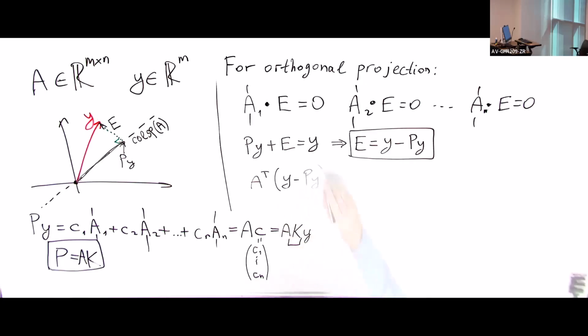Which means what you do with A transpose? You convert columns into rows. That will be the first row times that vector E, which is exactly that first dot product, right? So it's like first column dot error. The second row in the transpose matrix will be the second column of A, dot product E, and so on. So it's practically the same thing.